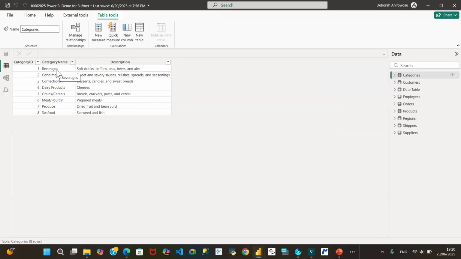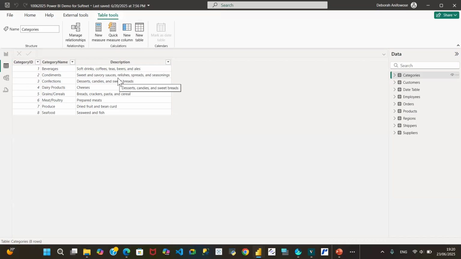Category 1 is for beverages, and these are the descriptions for the products that fall into that category. Category 2 is for condiments, and these are the sort of products that you find within that category. Category 3 is confections. Okay, so this table, I'm looking up information on it. Lookup or dimension table, you can use those two names interchangeably.